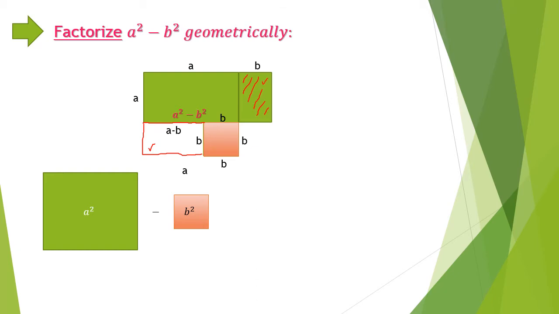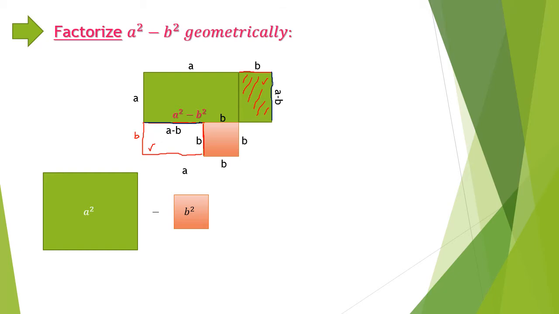Its side will be b, because this part is b and this part is also b. What will be the measure of this part? You can easily guess, it is equal to this, so it will be a minus b.